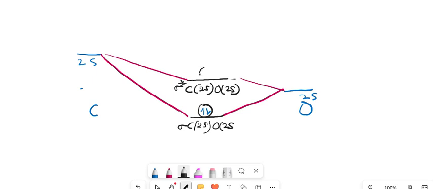It also has 2 electrons. These electrons present in the atomic orbitals are distributed in the molecular orbitals.